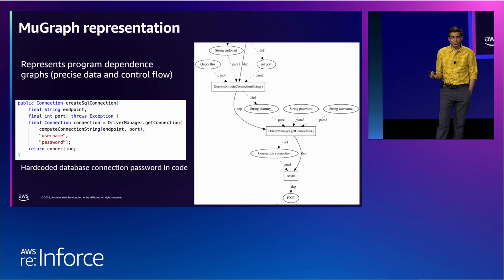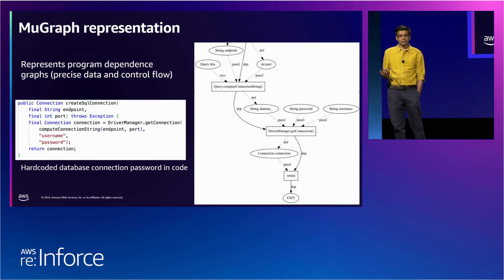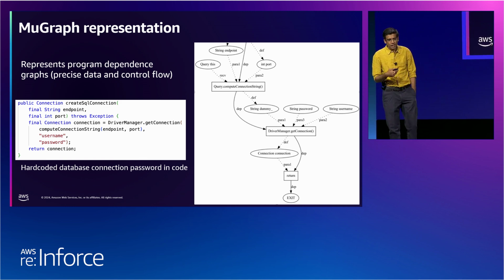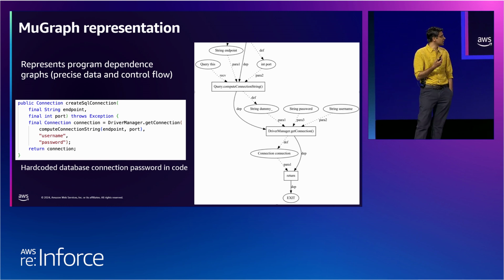And this representation very precisely captures both the data and the control flow in your program. As an example of data flow, we can look at the edges that are incoming to the connection object in the graph on the right.